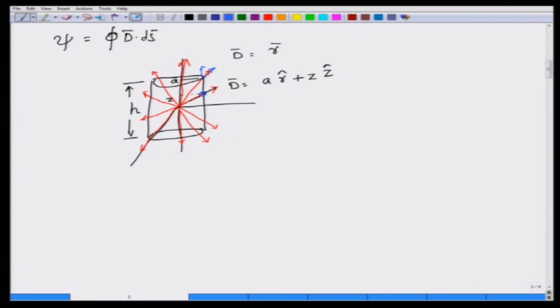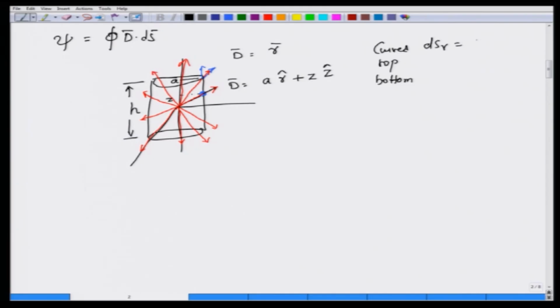So, to evaluate this integral of D dot dS over the closed cylindrical surface that I am considering, I need to first express the electric field at the surface. Now, this cylindrical surface has three surfaces in itself: there is a curved surface, there is a top surface, and then there is a bottom surface. On the curved surface, the surface element dS is directed along the radial direction.